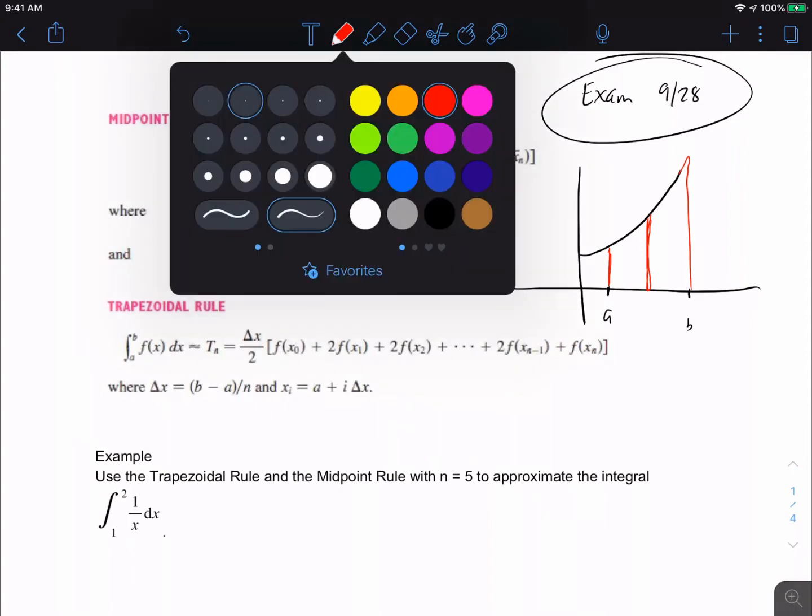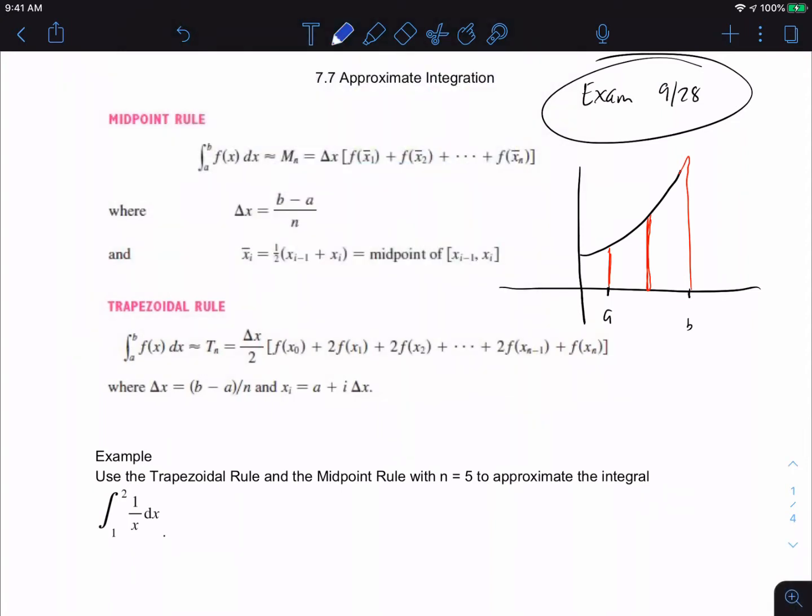With the midpoint, though, I'm going to take the middle point, and that's where I'm going to create my rectangles for my approximations. So in between the two sections, I'm going to find my midpoint. That will be the height of my rectangle, and then I would add up those two to be able to approximate the area under the curve. Does that make sense?